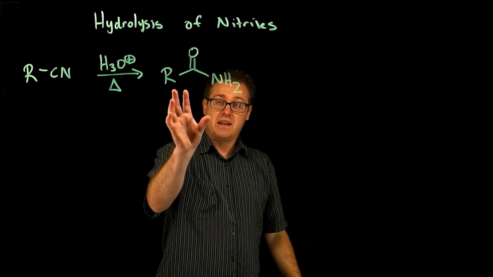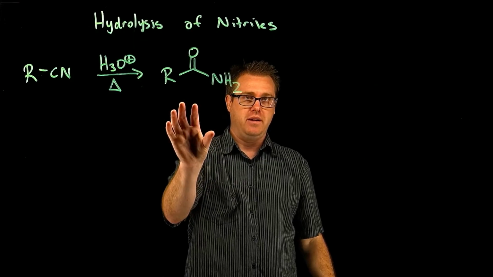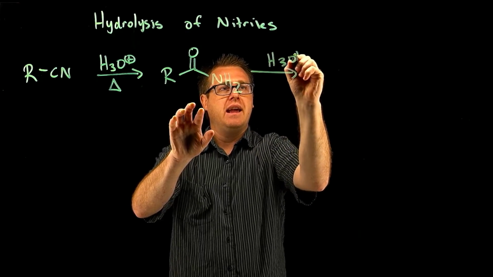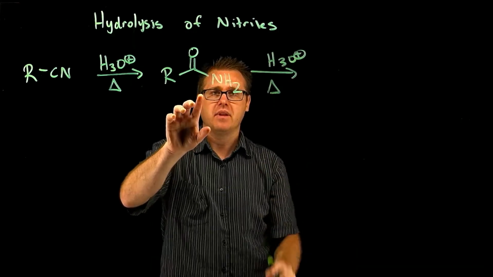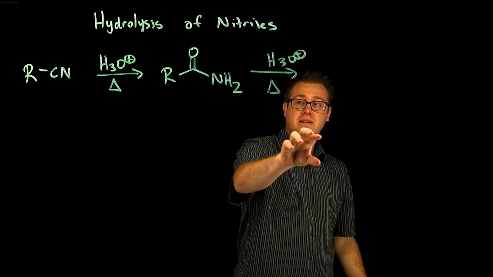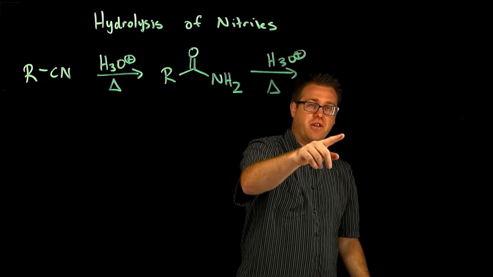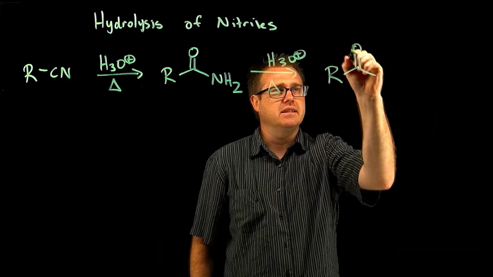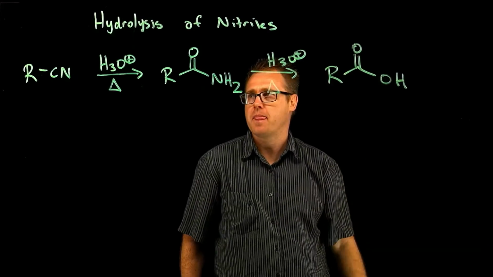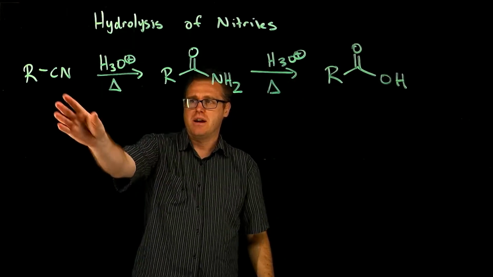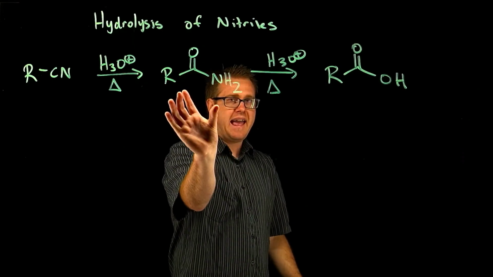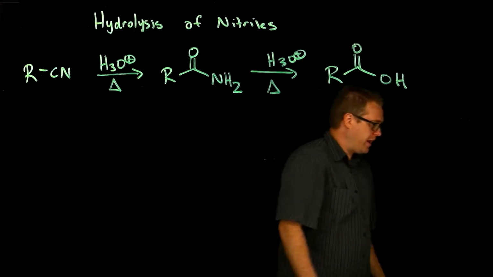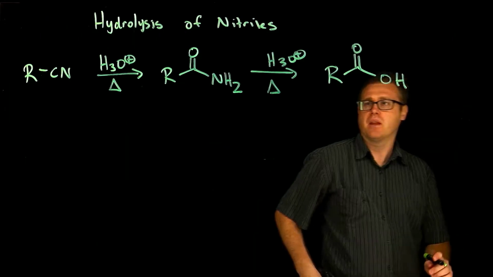But if you keep the reaction going, so if you keep it in the acid and the heat and you keep letting it react, it's going to react further into a carboxylic acid. So nitriles, we can stop them at the amide, but if we let them keep reacting, it will keep on going to the carboxylic acid.